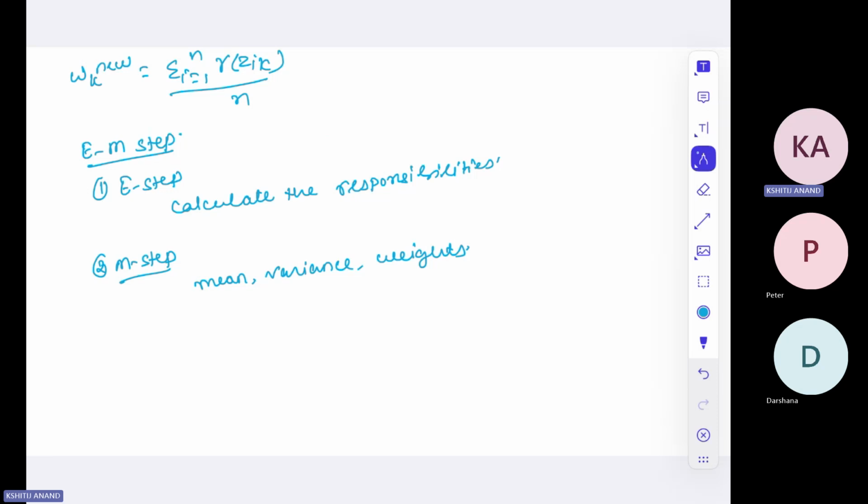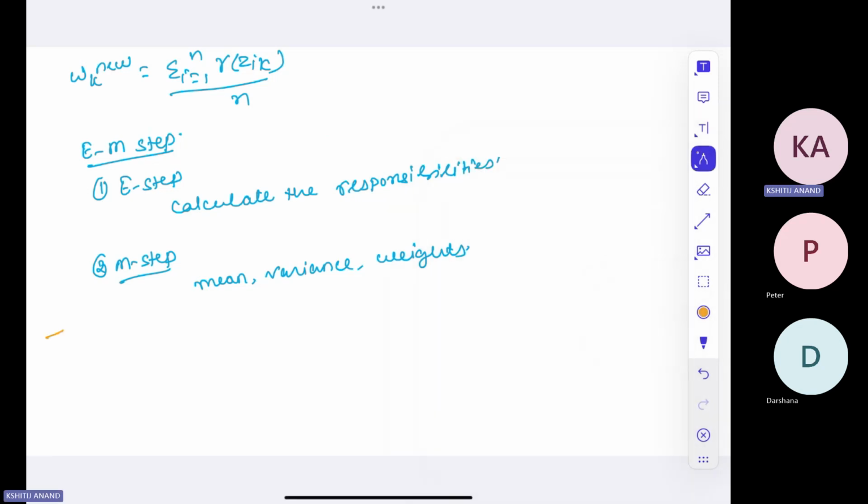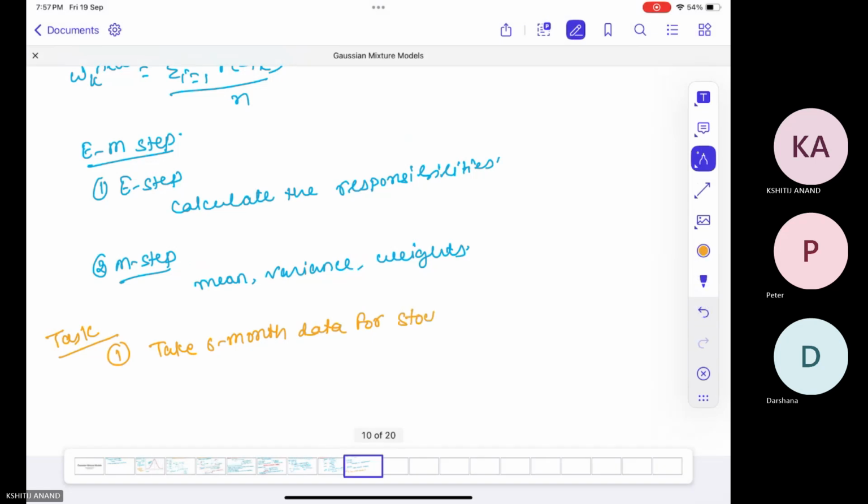Before we move on to the next lecture, you have a task to do. Your task is to take the price of any stock, for example for 6 months. Decide the number of components.